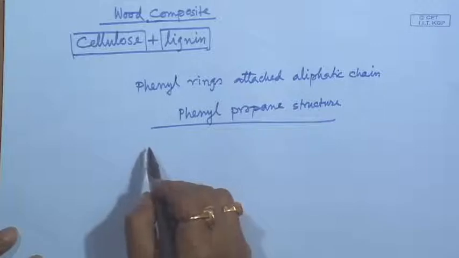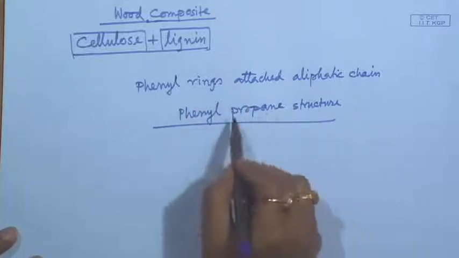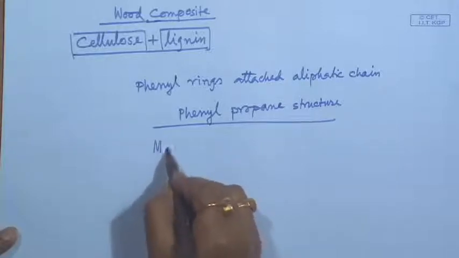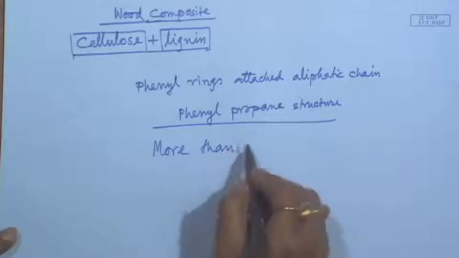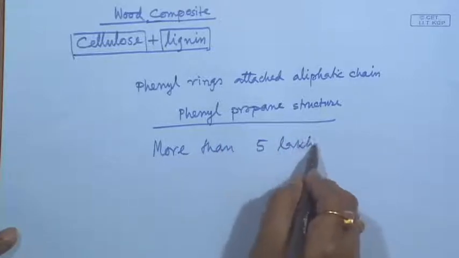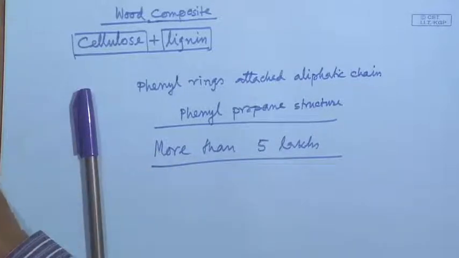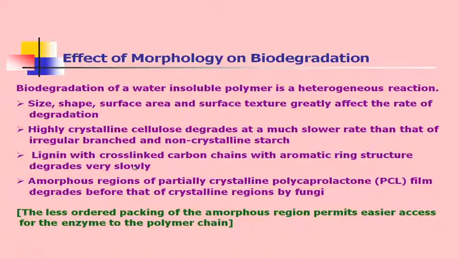There are a lot of linkages between such phenyl propane units, and the molecular weight becomes more than 5 lakh Dalton. So, that is the high molecular weight lignin, and when it is cross linked with carbon chains and aromatic ring structures, it also degrades very slowly. Not only that, this phenyl propane structure contains some phenolic groups.